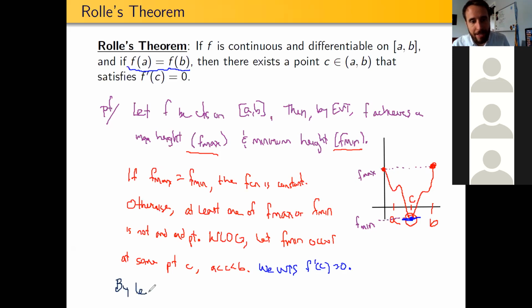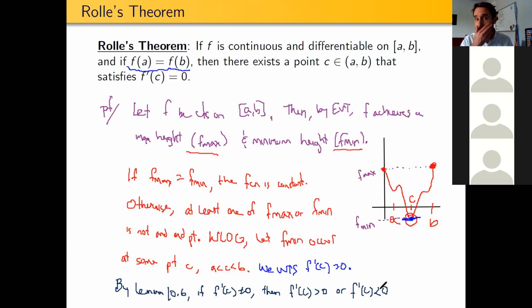So by lemma 10.6, if f prime of c does not equal 0, there are two choices. Then either f prime of c is bigger than 0, or f prime of c is less than 0. And what we showed in that preliminary work is that if f prime of c was, let's say, less than 0, I'll do a sort of zoom in. So here's c, and here's f of c down here.